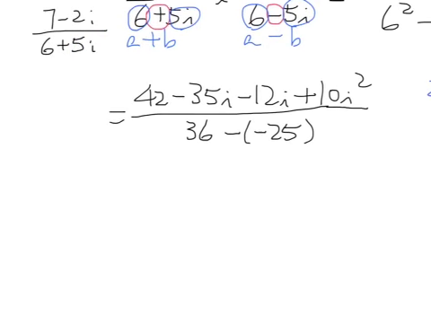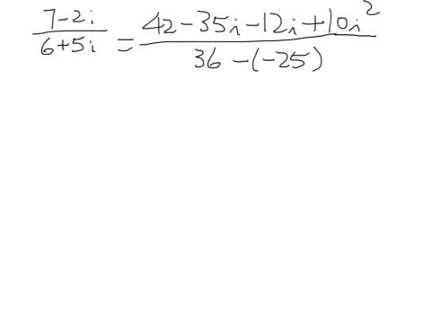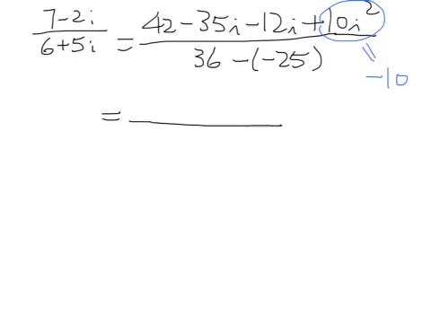Let's move everything here. Then let's continue. Well, this part actually equals negative 10, right? Because i squared is negative 1 times 10 is negative 10. So 42 minus 10 is 32.